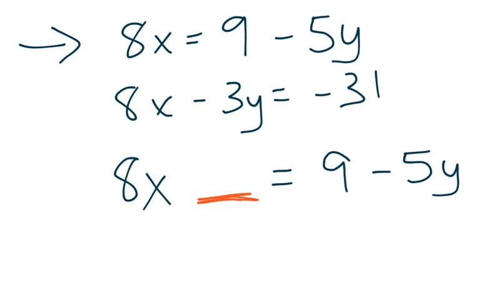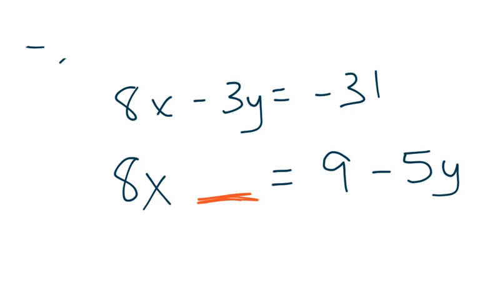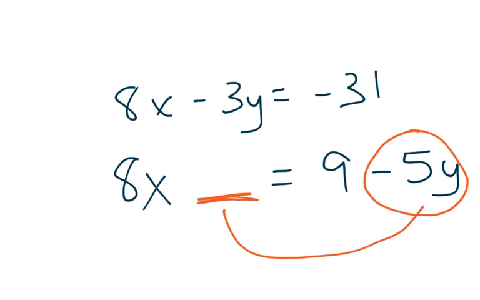Okay, so I'm going to erase this. What I really need to do is have this 5y over here. If I could get that, then I would have them all lined up. I'd have my x's, my y's, and my numbers.